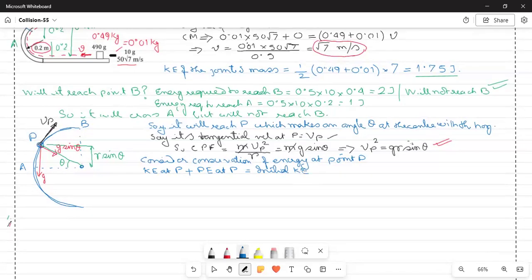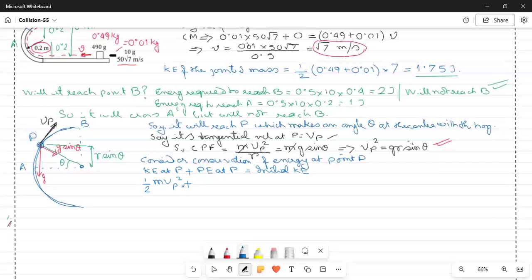Initial kinetic energy is the energy with which the body started. It had a velocity v, so half mv square. And kinetic energy at P is half m vp square, tangential velocity vp.